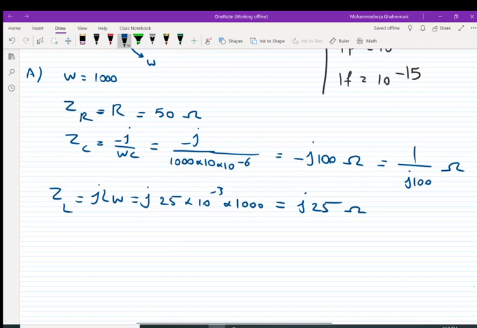And of course, the voltage source V is equal to the phasor, with magnitude and angle. The magnitude is 35 and the angle is 0. And this one is the phasor, and we also know the frequency is 1000. Now that we have these values, we can redraw the circuit with the phasor values.